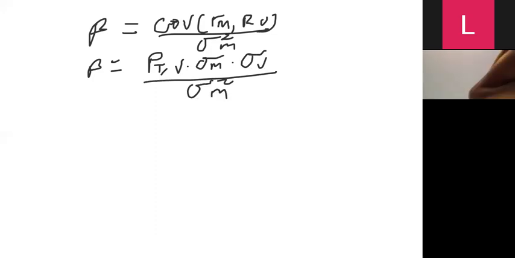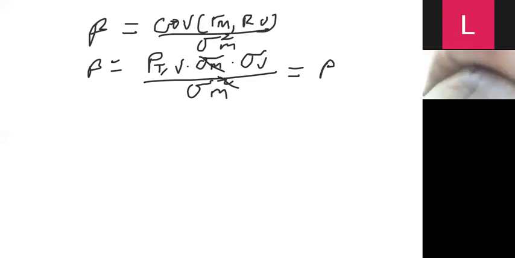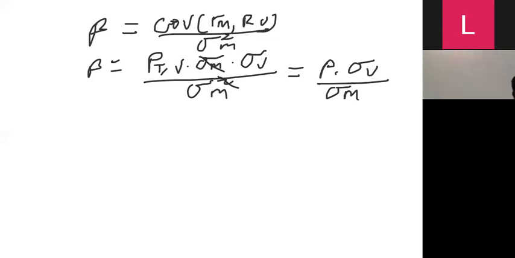So this can cancel this. That means beta is the same as the correlation multiplied by the standard deviation of the venture capital, all over the standard deviation of the market, or the volatility.